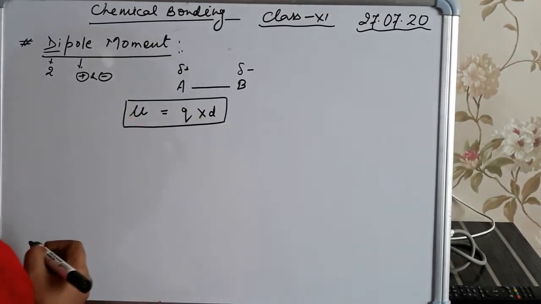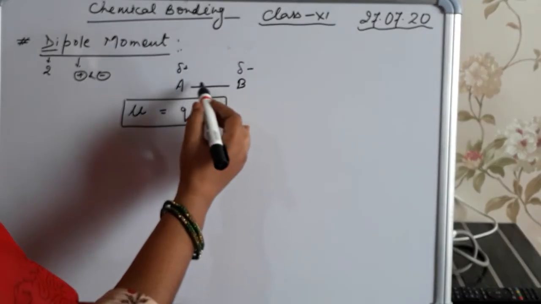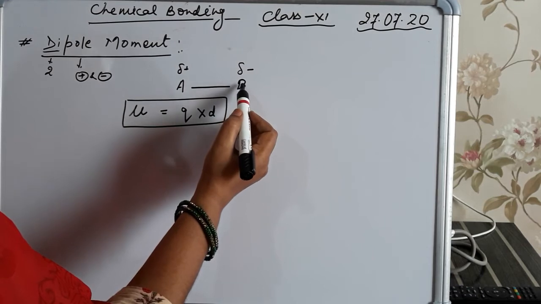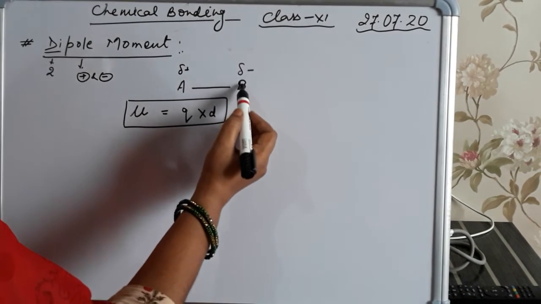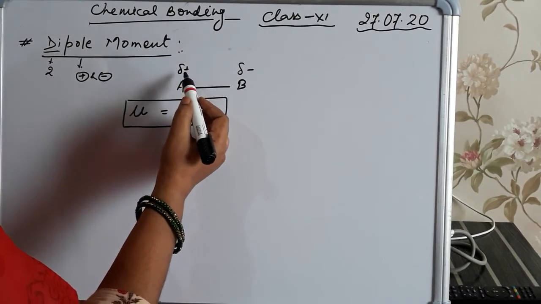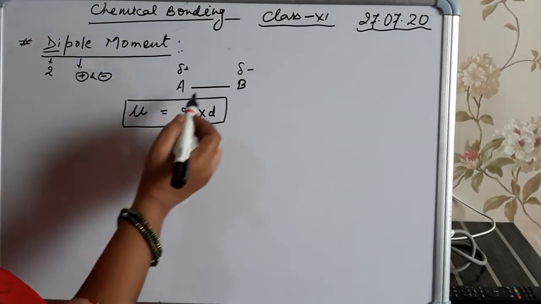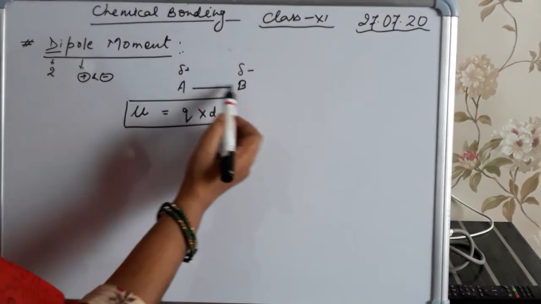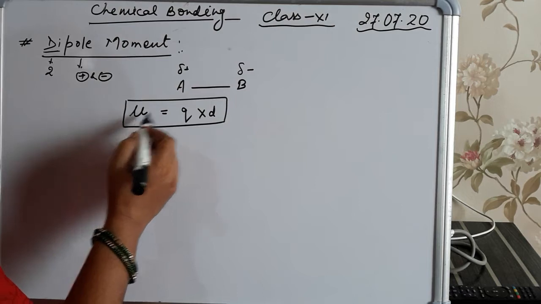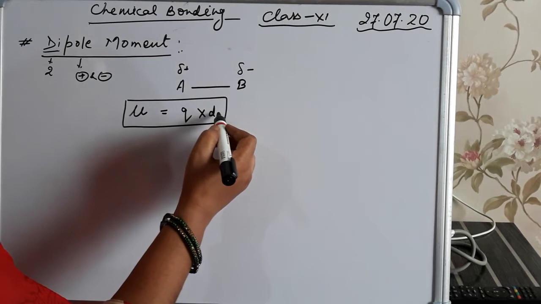So students, try to understand: if in a covalent molecule B is more electronegative than A, then B acquires a partial negative charge and A acquires a partial positive charge. So according to the definition, a magnitude of charge arises between them, and mu is equal to the product of the magnitude of charge and the distance between them.